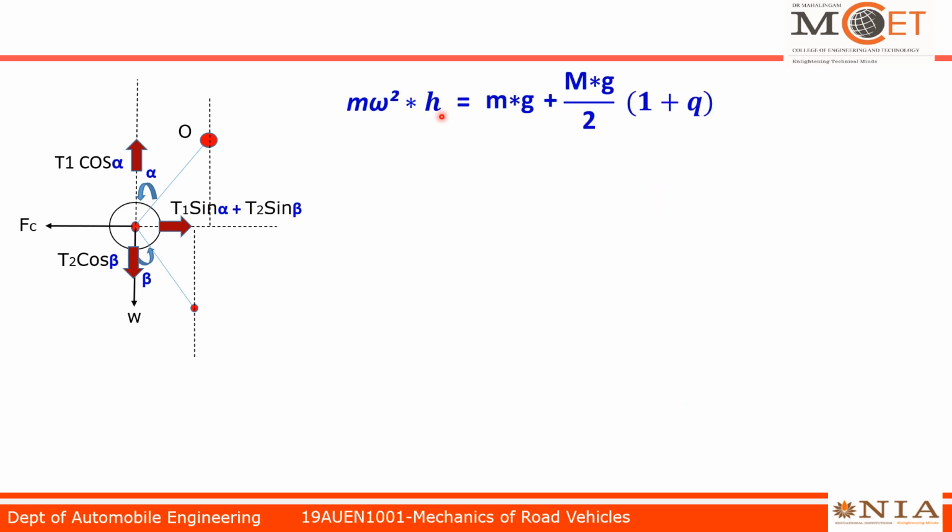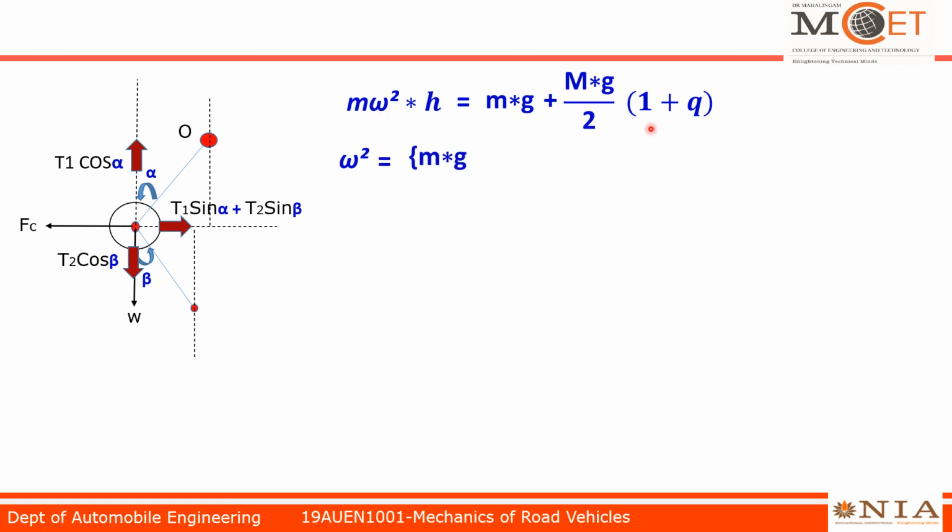Now we have to calculate the speed, that is the rotational speed of the spindle, which is related to height. So I keep omega square here, because omega equal to 2 pi n by 60, where n is the rotational speed of the component, and here we have the governor height. I bring height from left to right. Keep omega square on the left side, other terms to the right side.